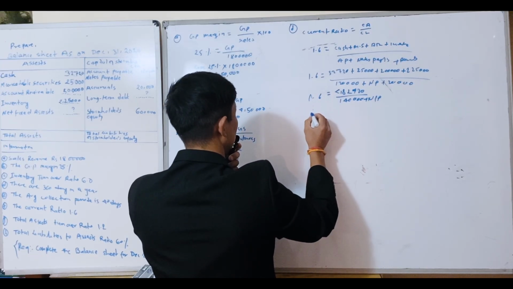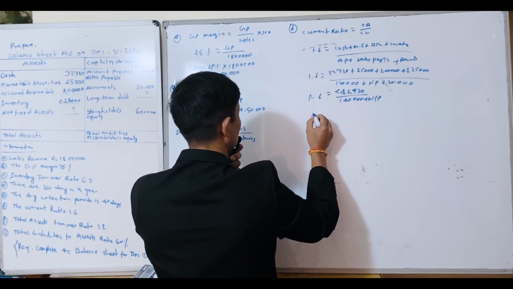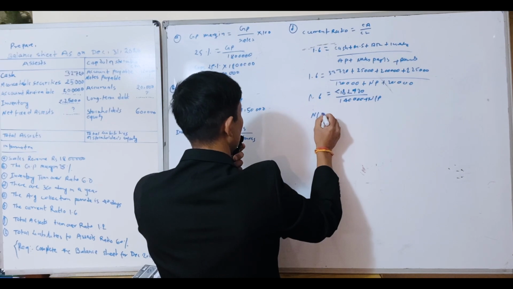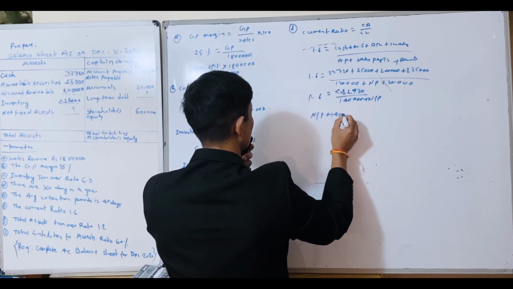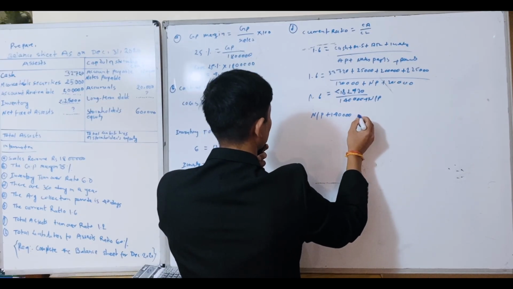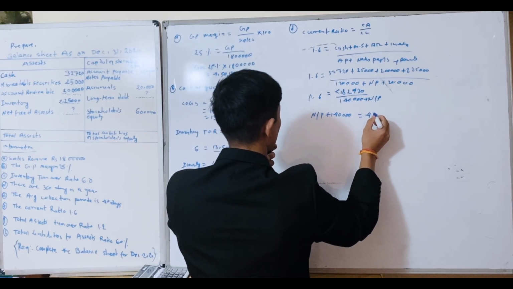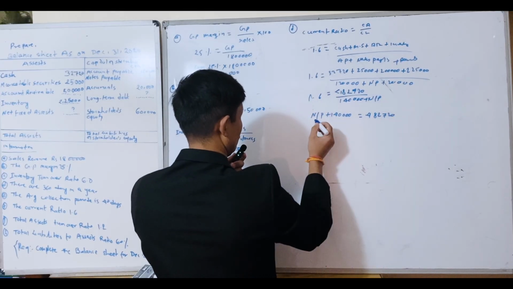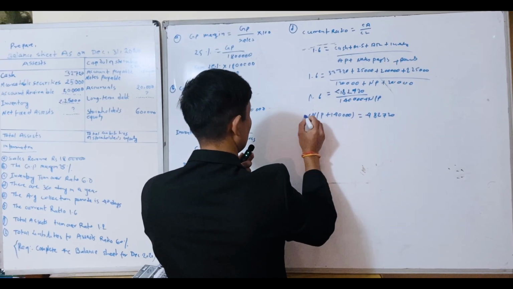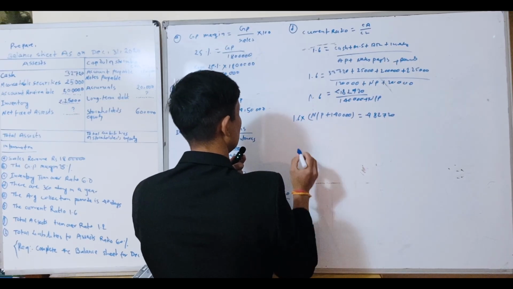So we calculate here notes payable plus 140,000 is equal to 4 lakh 82,720 multiplied by 1.6.